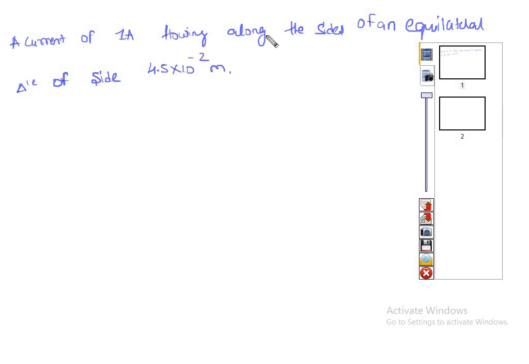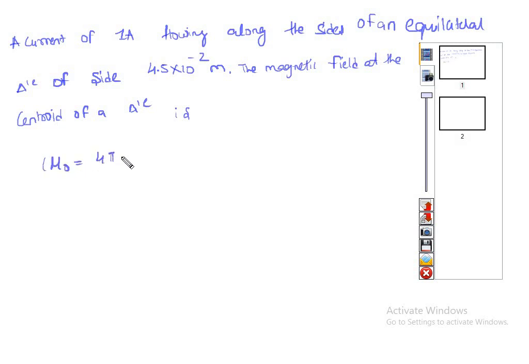The magnetic field at the centroid of the triangle is, given mu naught is equal to 4 pi into 10 to the power of minus 7 Henry per meter.